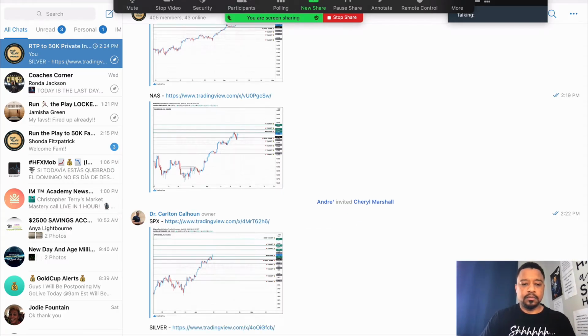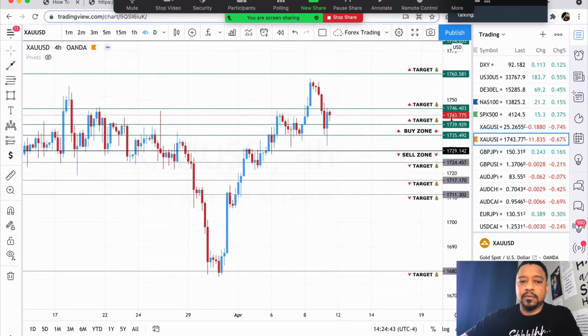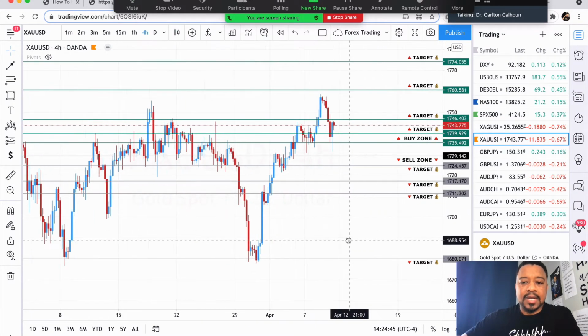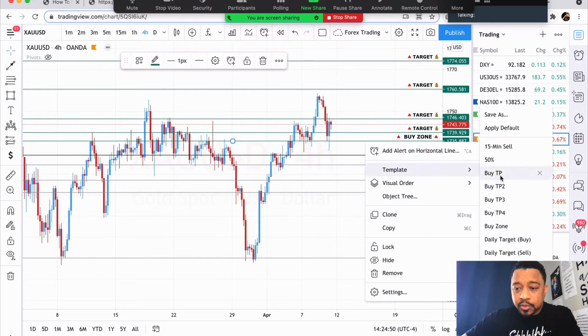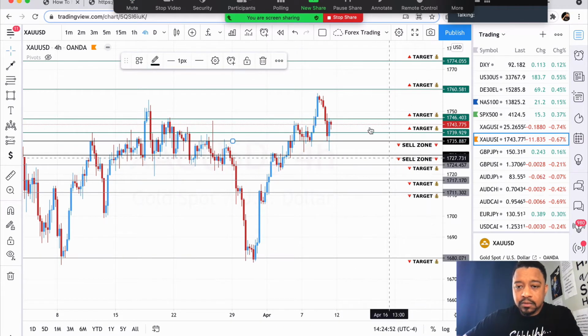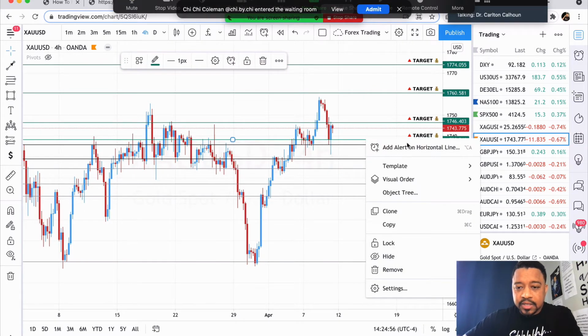Silver. Gold. Almost identical. This will become a sell zone. See if it retests here.